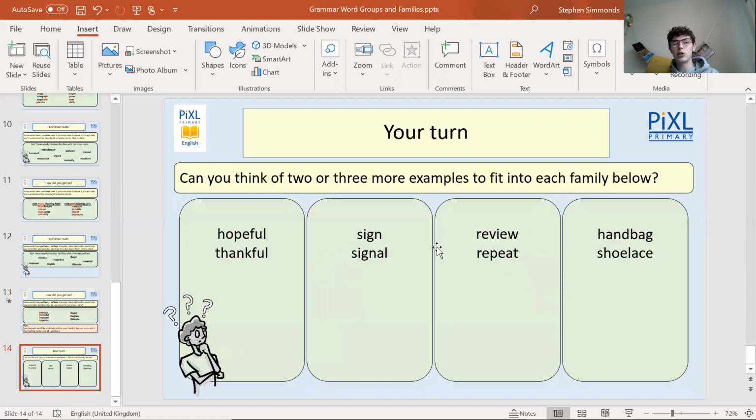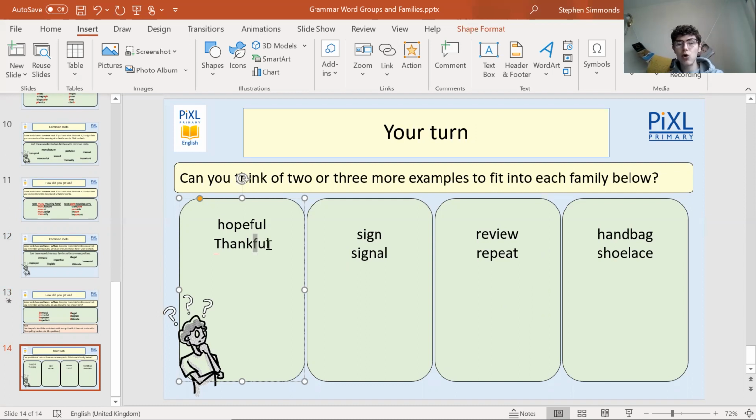Now, what I'm going to ask you to do is this little table here. Can you think of 2 or 3 more examples to fit in each of the 4 different families below? So hopeful and thankful in the first one, sign and signal, review and repeat, and handbag and shoelace. I'll give you a bit of a clue for the first one.